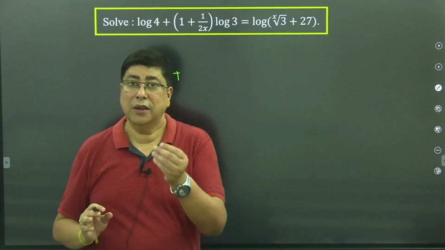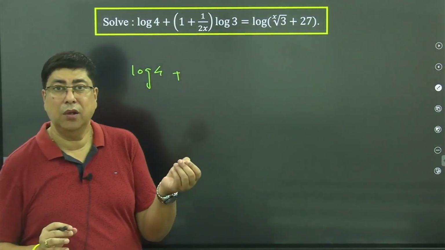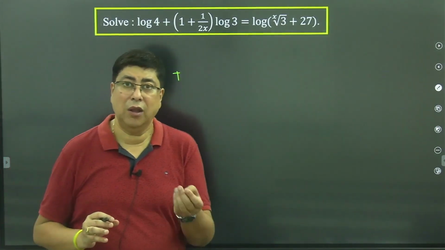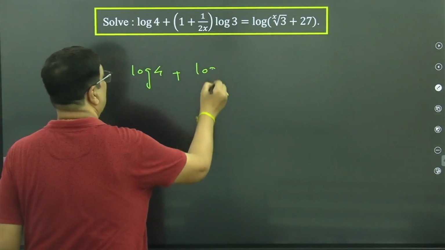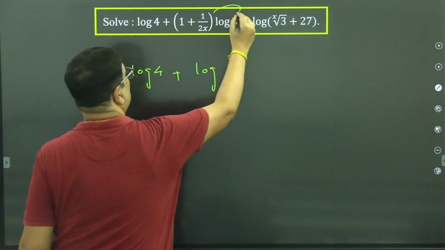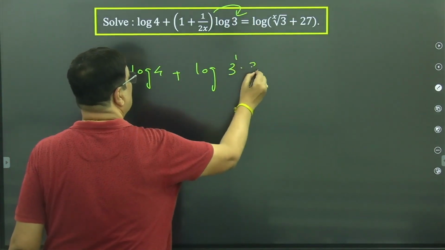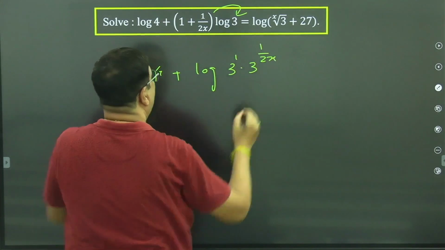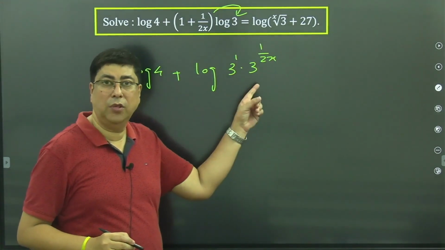ठीक है, by the restriction, बार बार हम बोल रहा हूँ by the restriction, इसका मतलब base should not be equal to 0, base should be greater than 0 and not equal to 1 also. So in this case, log 3, this is coming to the power. So 3 to the power 1 into 3 to the power 1 by 2x, 1 plus 2x. a to the power m plus n equal to a to the power m into a to the power n.